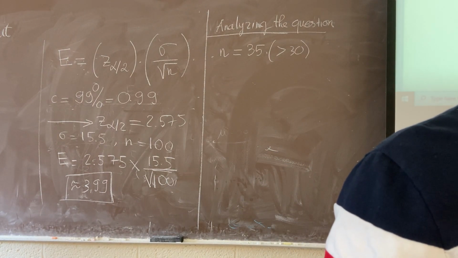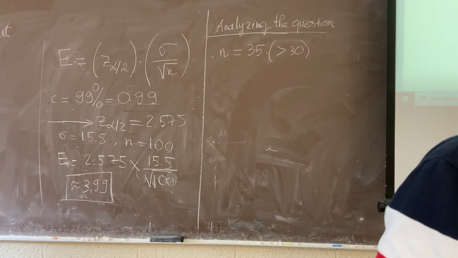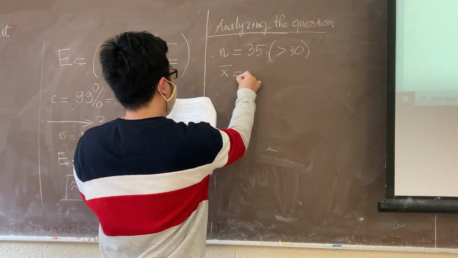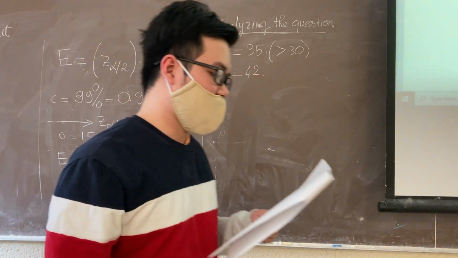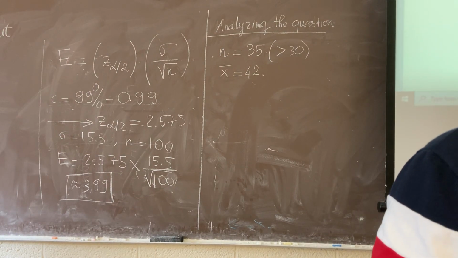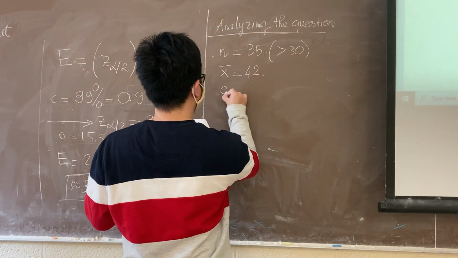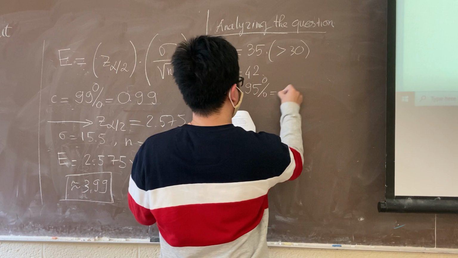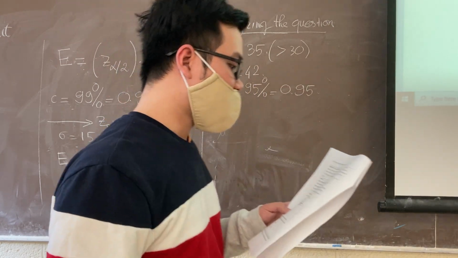And they find that the sample mean is 40 calls per month. Okay, so the sample mean here is 42. And construct a 95% confidence interval. So the confidence level here is 95%, that means 0.95.